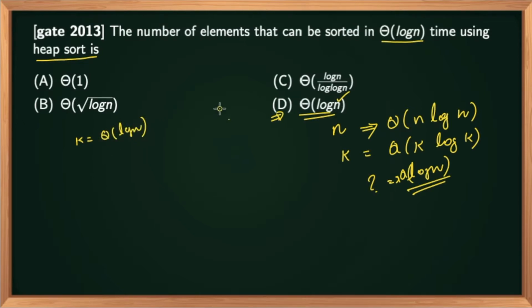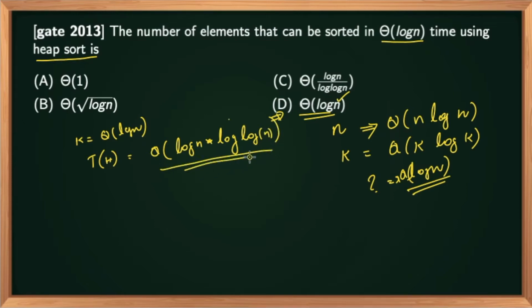Then the time complexity of heap sort will be theta of k log k, which is log n into log log n. So this is not equal to log n.